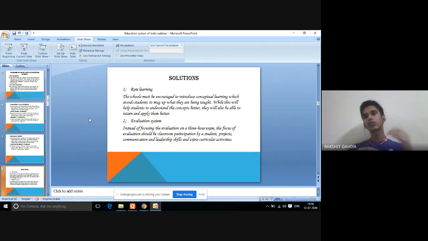If they are just told to learn the things, they are going to mug them up and cram those things. But if they are told to be creative and use the skills they want to, it would be easy for them to learn, and they would pass exams. This will help students understand the concepts better, and they will also be able to retain and apply them better.